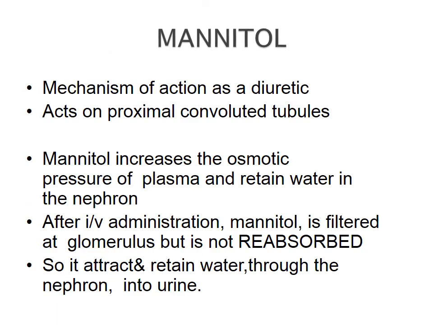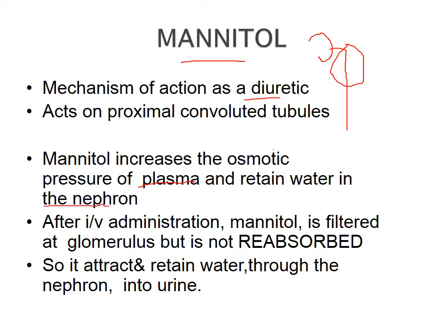Now, the first is mannitol. The mechanism is as a diuretic. They act on the proximal convoluted tubule, that segment of the nephron where these diuretics usually work. Mannitol increases the osmotic pressure of plasma and also retains water in the nephrons. What is osmotic pressure?